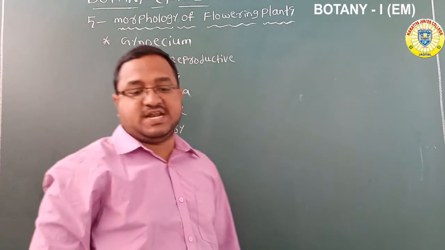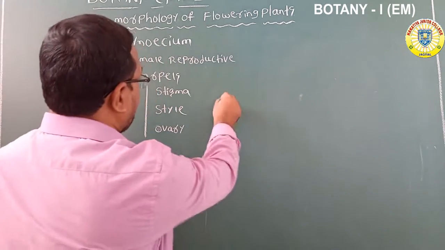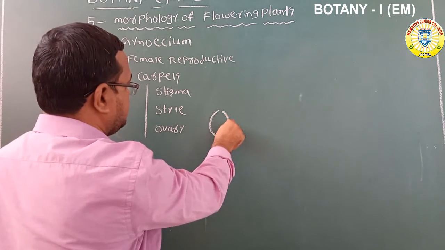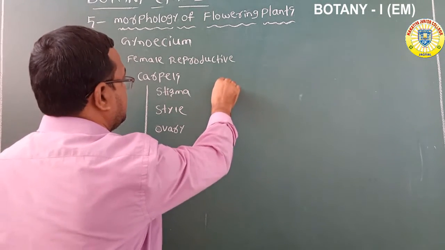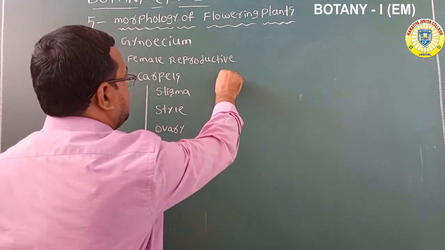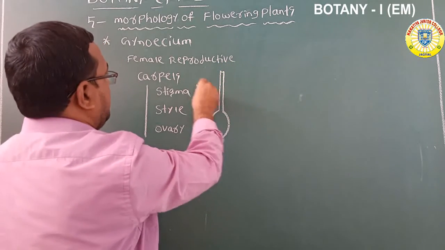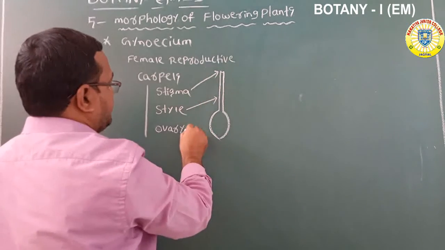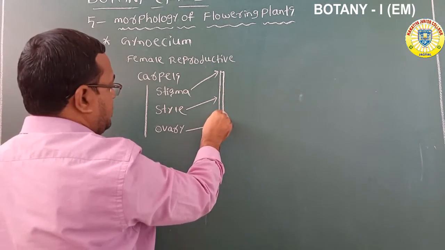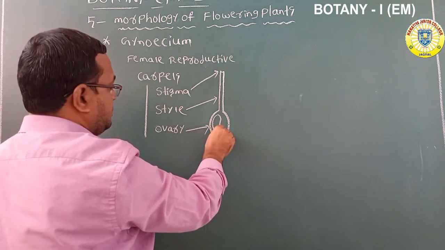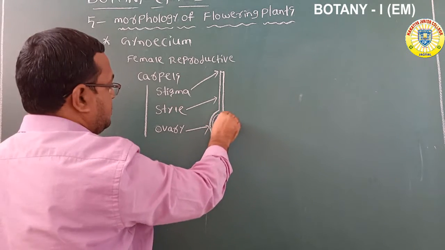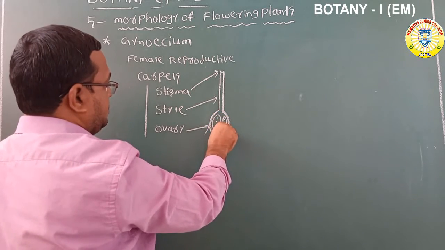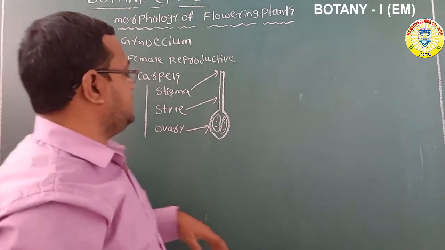So these are the parts you can see: stigma, style, ovary. Inside the ovary, ovules are there.